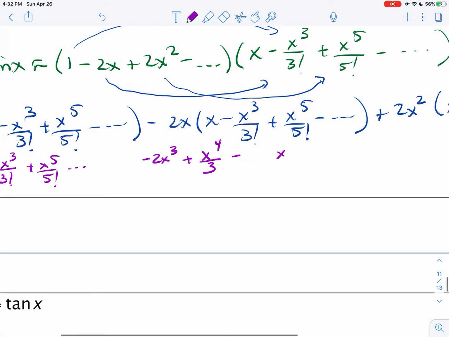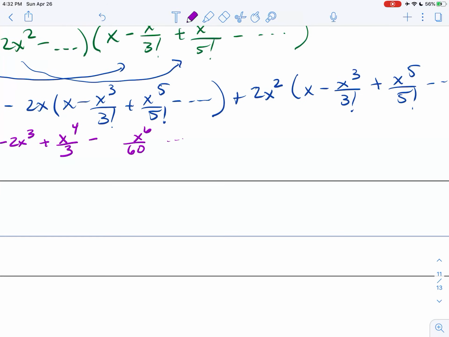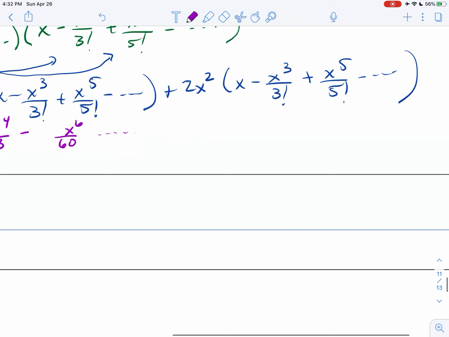And then I have minus 2 times x to the sixth. So if I have x to the sixth here, and I know that 24 times 5 is 120, and 120 divided by 2 is 60. So I can say that this is minus x to the sixth over 60, just for foreshadowing and simplifying.